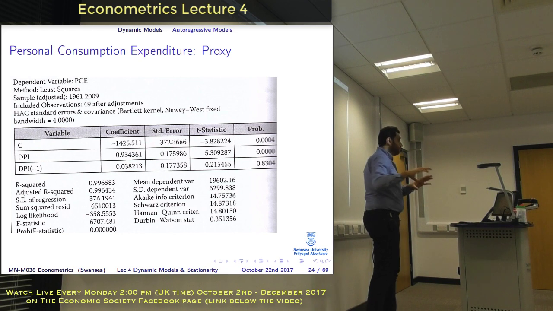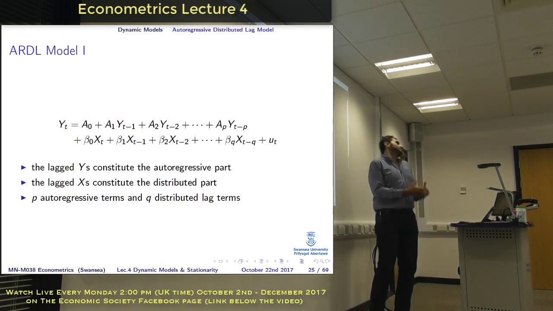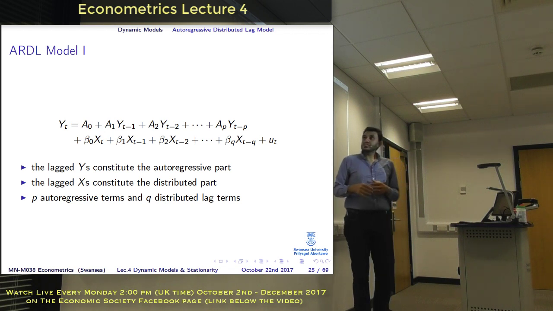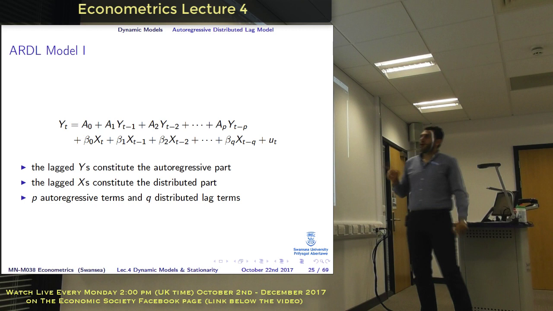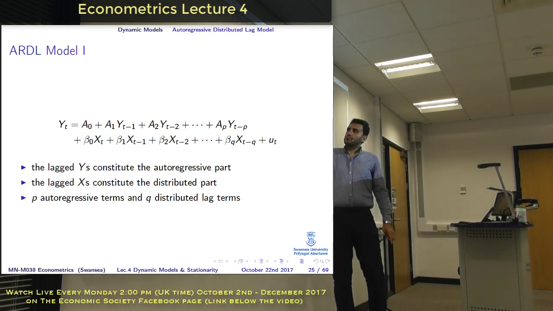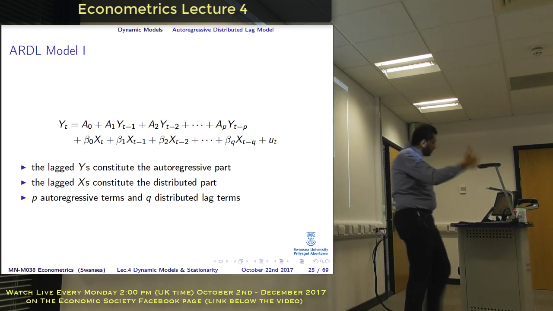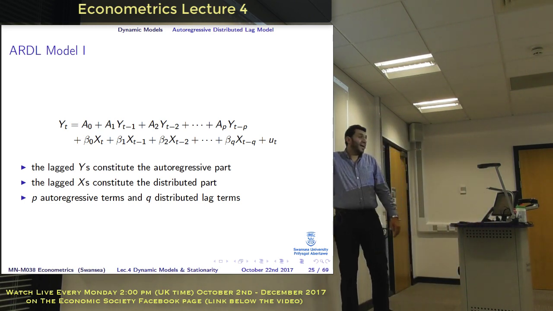So the AR model, the autoregressive model, and the distributed lag model. So this will take us to another sort of dynamic model, where rather than having only yt minus 1 on the right hand side, you have yt minus 1, yt minus 2, up to yt minus p. So this is the number of lags.